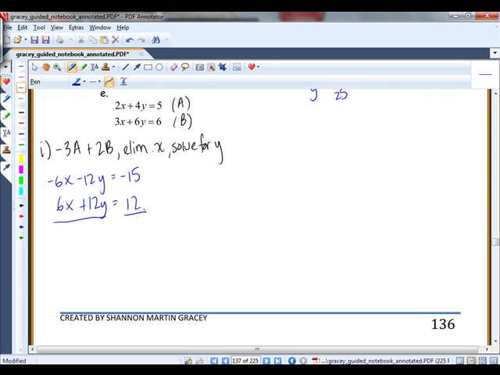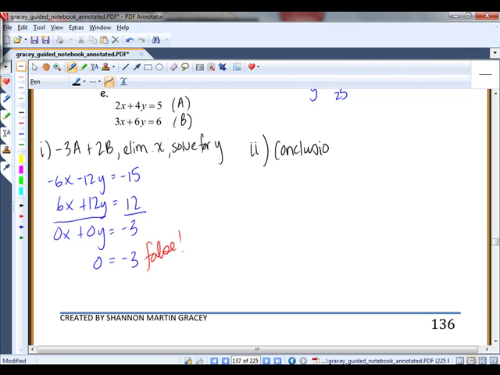I think this might be another strange one. So this will give us 0x plus 0y is equal to -3. 0 equals -3. What do you guys think? True or false? False. Good. So we can go straight to our conclusion. That means that there's no ordered pair that's on both of those lines.